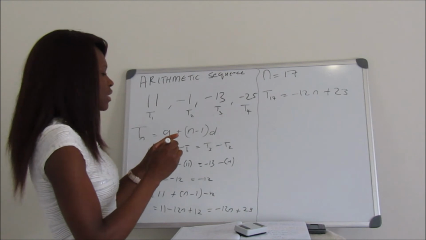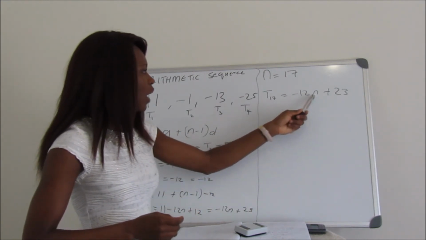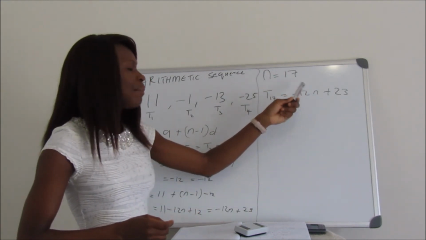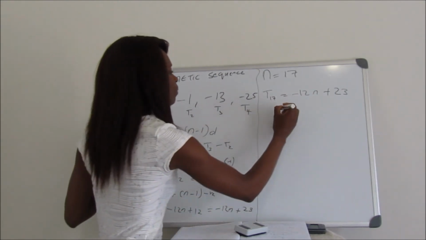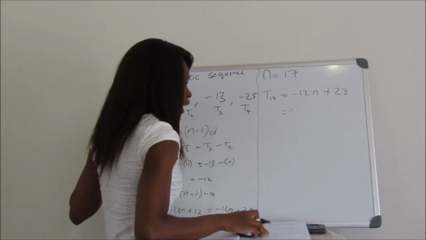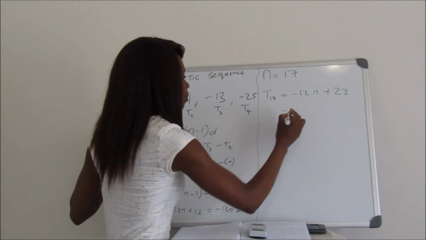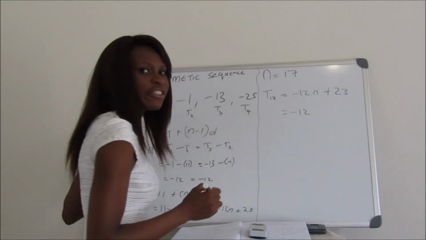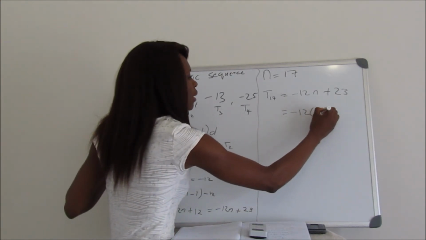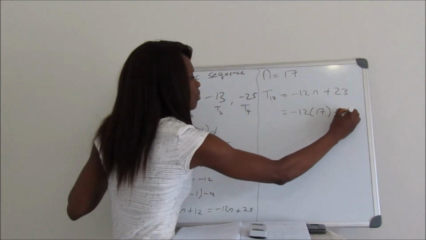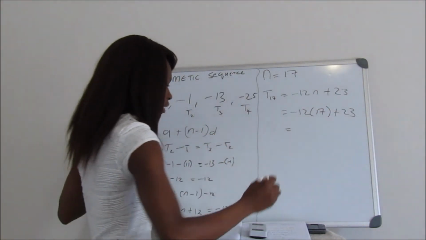That means that instead of n, we're going to substitute 17 so that we can get T17. It will be negative 12 multiplied by 17, plus 23 on the other side.